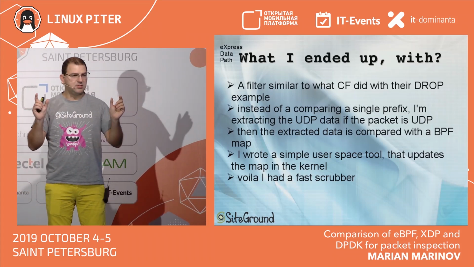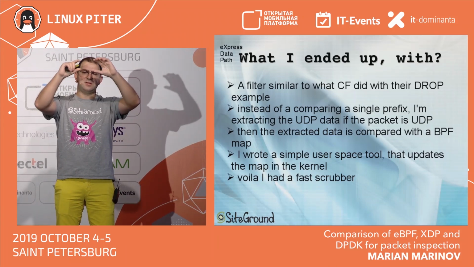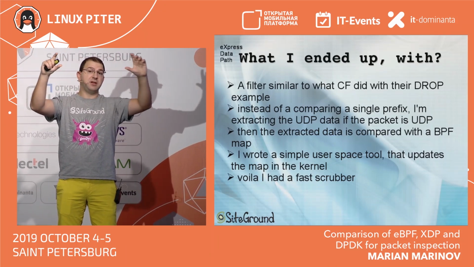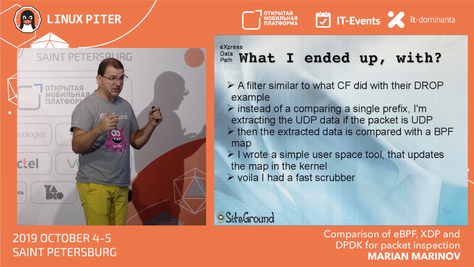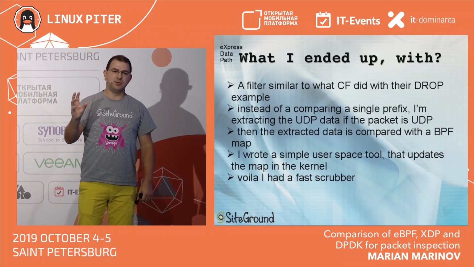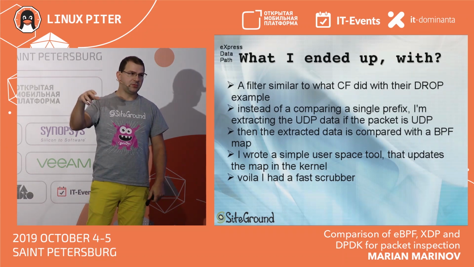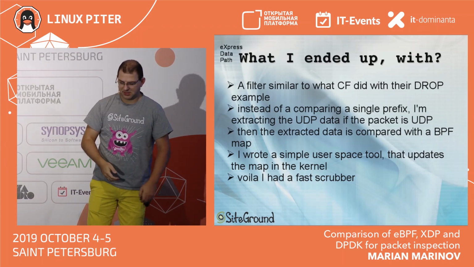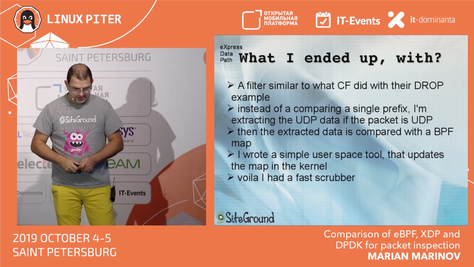So the kernel and the user space tools share only this, let's say, memory range in the kernel, which is the eBPF map, and that's the only thing they share. So the user space tool is used to load or delete host names from the map, so I can update on the fly what I have in the kernel filter.